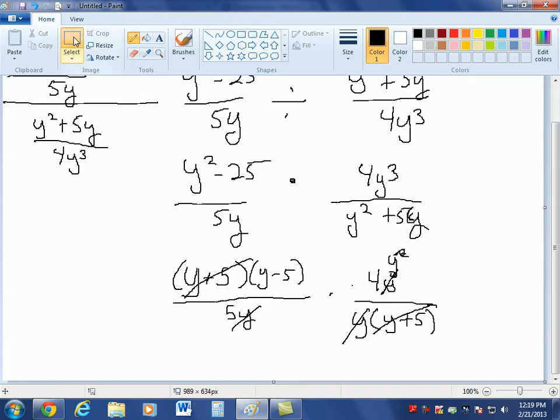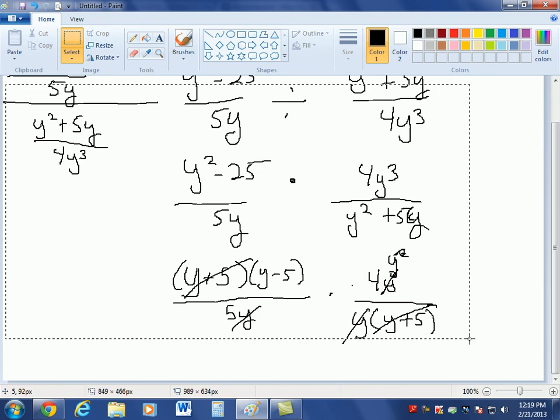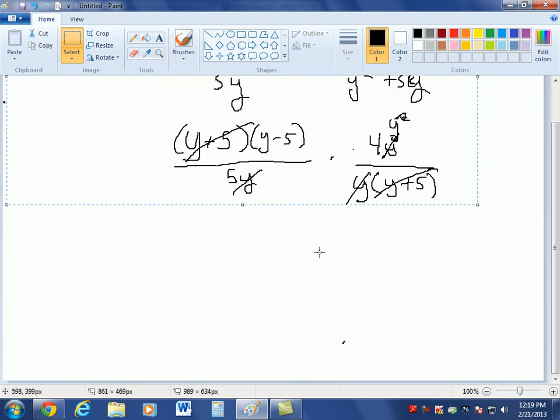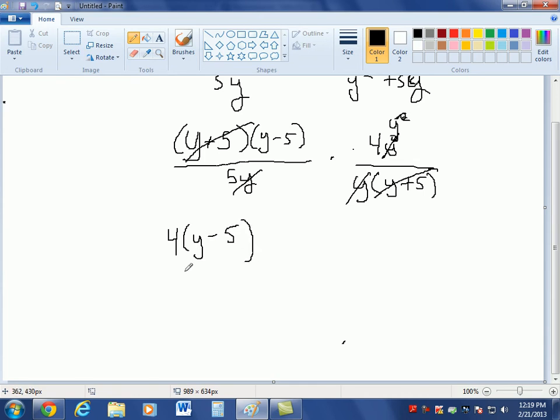And so let me select this all out, to give us some more room to work with. Okay, and what we've got then is y minus 5 times 4. I usually like the constant term first. That's our numerator, and 5 is all that's left in the denominator. Again, can the 5s cancel?